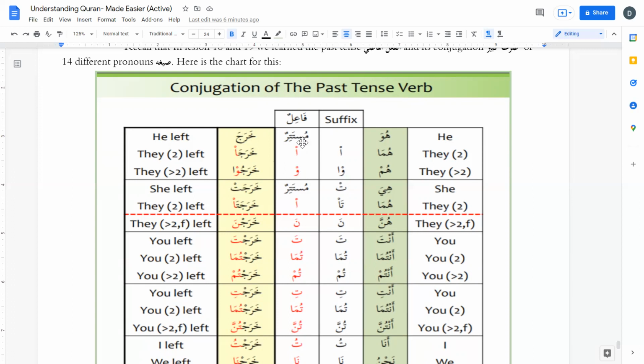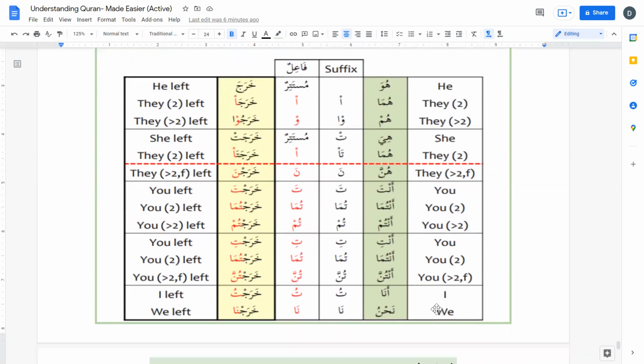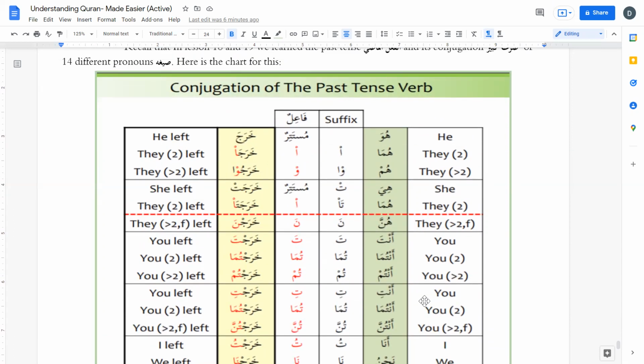So these are different conjugations according to the doer of the action, and according to the number and the gender of the doer, and whether the person who is talking is doing the action, like first person, kharajtu, kharajna. Tu and na are the fa'il. And whether the person being talked about is there with the person talking, which we usually call second person.